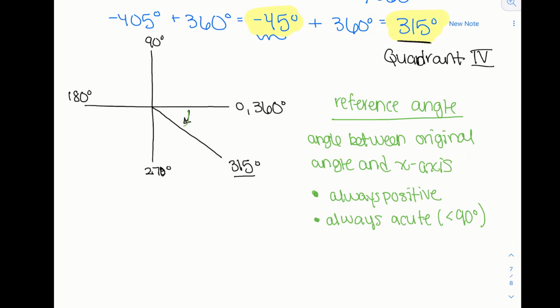In this case, I'm really looking for the difference between 360 degrees and 315 degrees. If I subtract that, I get 45 degrees. So this is the reference angle.